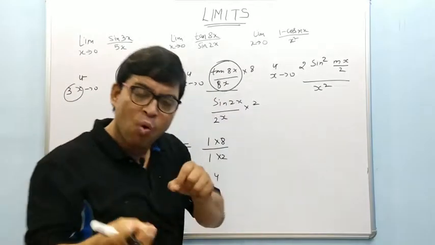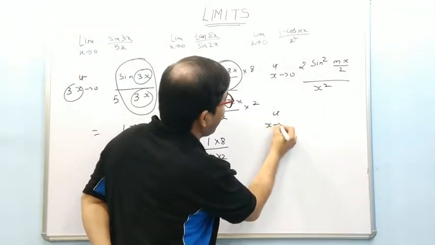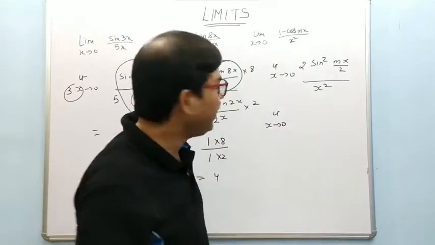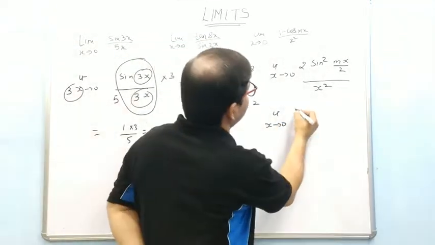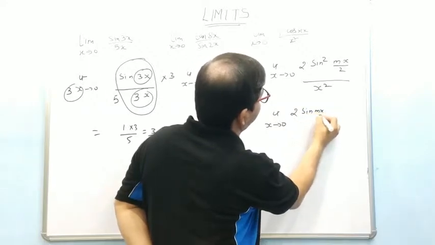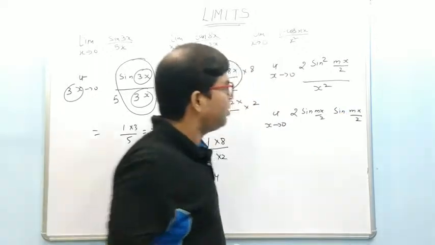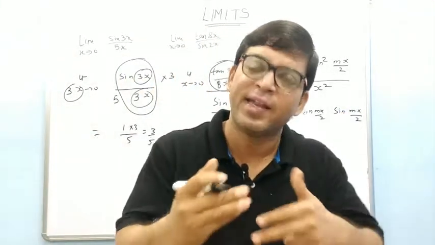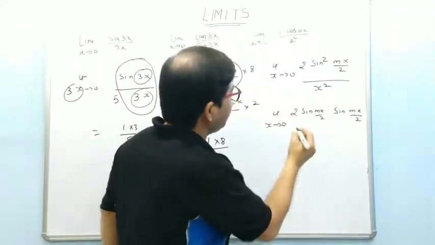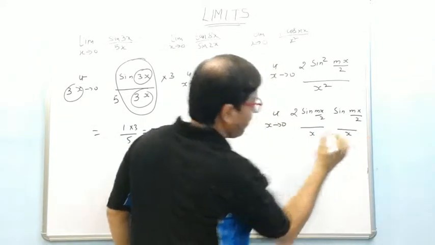Now see how I am making the adjustment. Just develop that technique and your problem solving will be enhanced. So we can write 2 sin square mx by 2. Sin square is there, write sin x into sin x. X square is there, 1 x here, 1 x here.